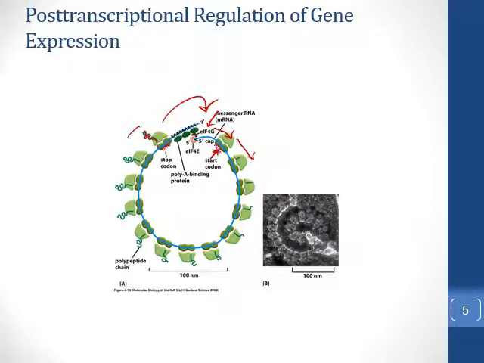And so what you've got here is an mRNA that's being simultaneously translated by multiple ribosomes. This is called a polysome, poly meaning many, or polyribosome. You can actually see one of these over here.